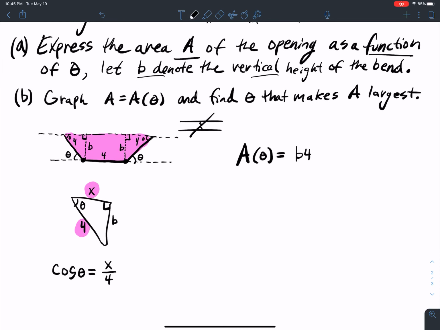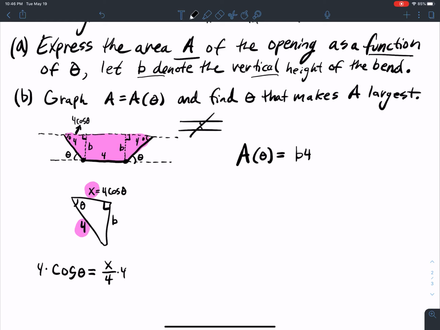So that gets me this side here. If I multiply both sides by 4, I get 4 cosine theta. So this side here is 4 cosine theta.